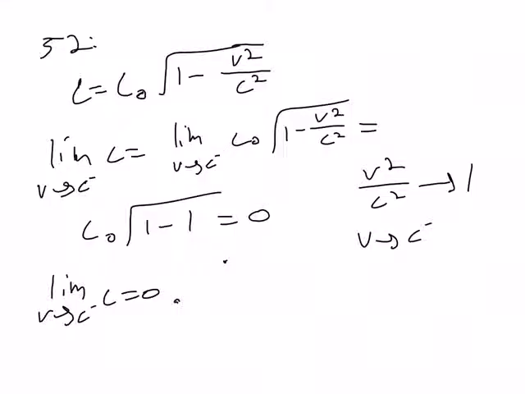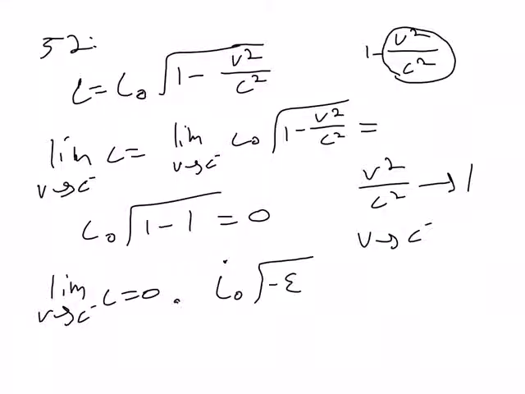The question is, is it mathematically necessary? It probably is, simply because otherwise you're going to have L0 times the square root of some really small negative number, because it will be 1 minus V squared over C squared, where V squared over C squared is a little bigger than 1.